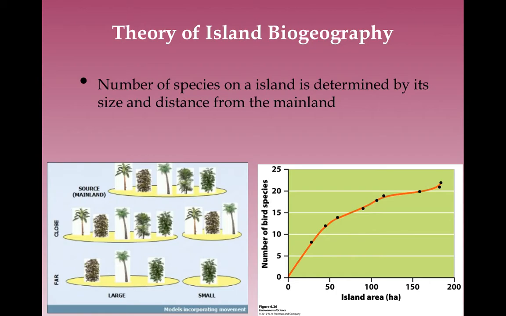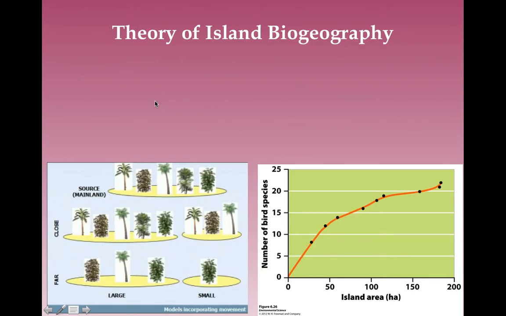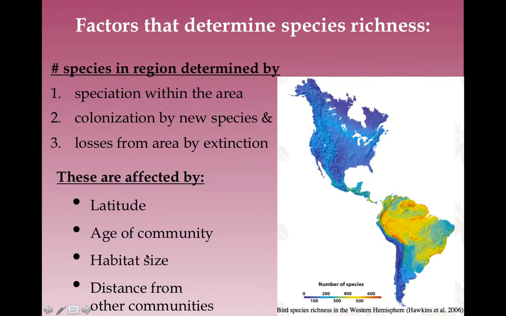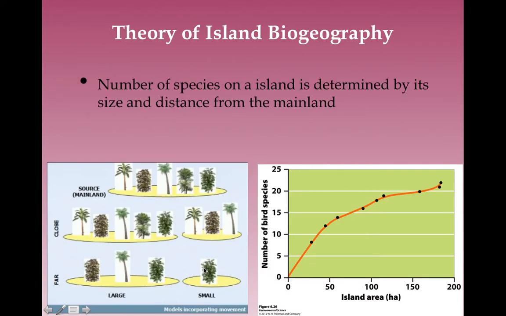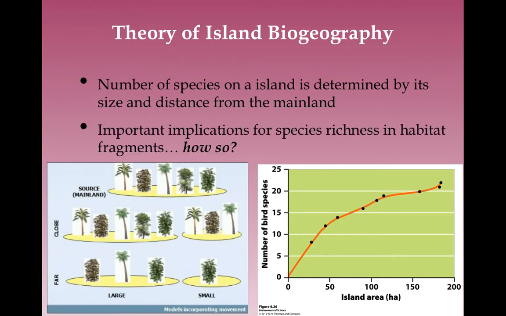Scientists looked at the number of species on different types of islands, and they found size and distance from the mainland matter. So an island that is bigger and closer to the mainland is going to have more species than an island that is small and farther from the mainland.